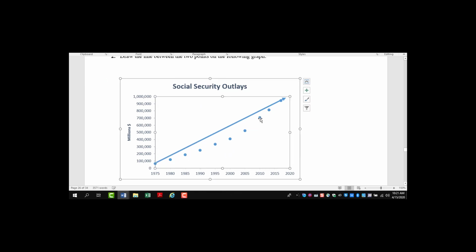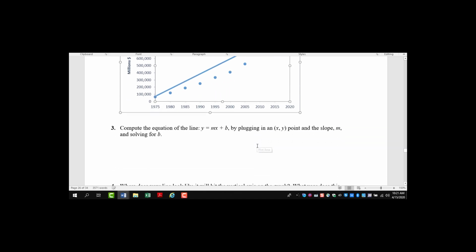So there's our line. Now what we're going to do is construct the equation for the line. We're going to compute an equation for the line, y being the output, millions of dollars of Social Security, equals the rate of change, which is the amount Social Security is increasing each year, plus the starting value. And the starting value is going to be 1975, year zero.